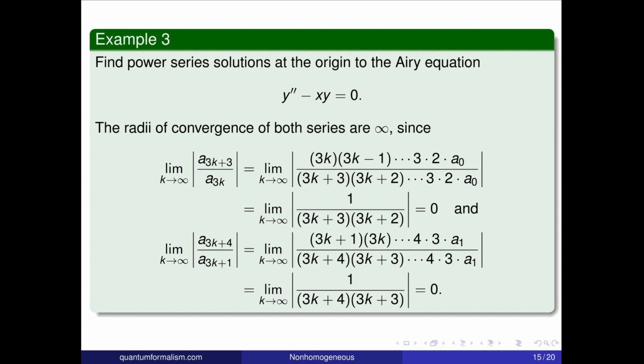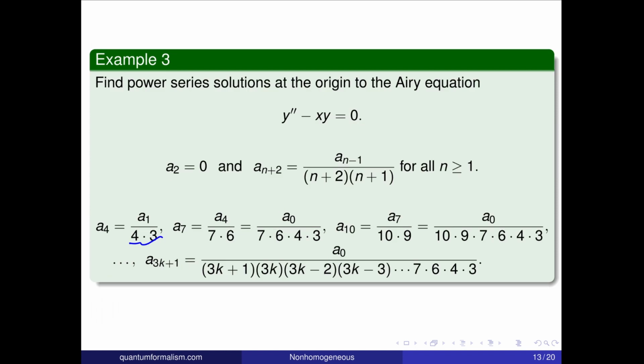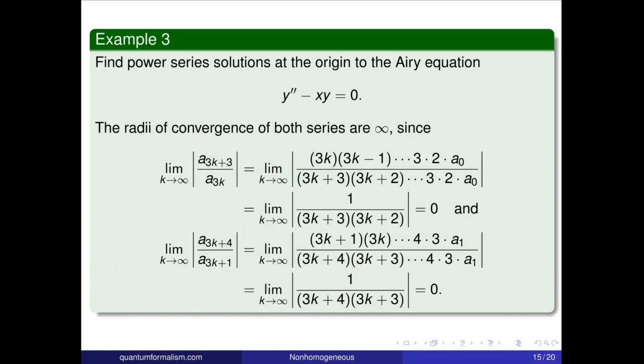Anyway, a3k plus 3 divided by a3k. Remember, the a3k plus 3 coefficient is like a0 divided by that big complicated product involving 3k plus 1 times 3k and so on. So that should show up in the denominator when we have a3k plus 3 in the numerator, which is what we have. And then we're dividing by a3k, so the 3k stuff that would be in the formula for the coefficient a3k will be moved up into the numerator.